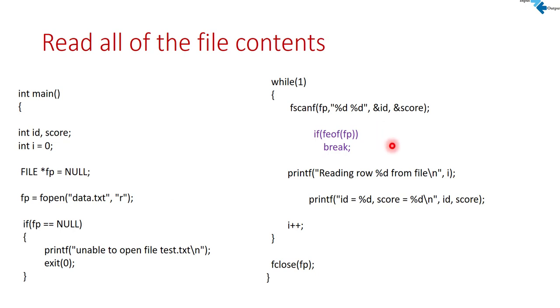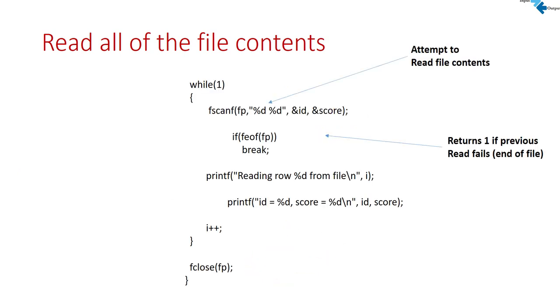If I'm at the end of the file, the if statement will be executed, and I will go to the break and break everything. If not, you are just scanning, and then after scanning, printing whatever you scanned, and then incrementing i, which is the line that you are at. And after finishing everything, you are just closing the file.